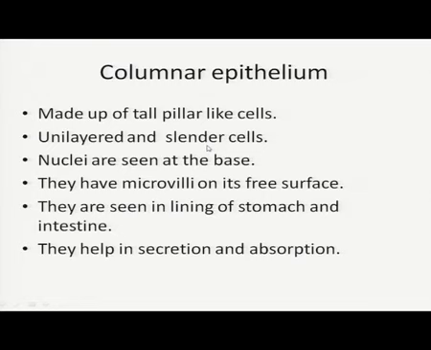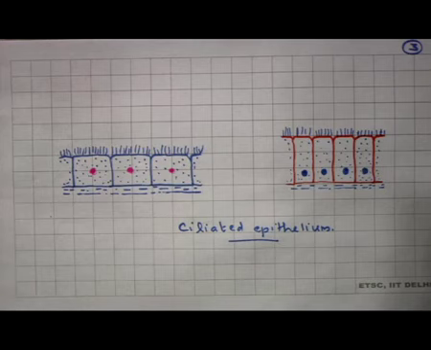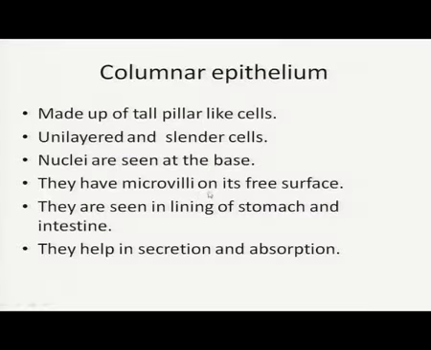Now, regarding the position of the nucleus, see these two diagrams, you can see the difference. Here the nuclei are seen at the base of the cells and they have microvilli on the surface. On the free surface, some of these columnar epithelium have microvilli.